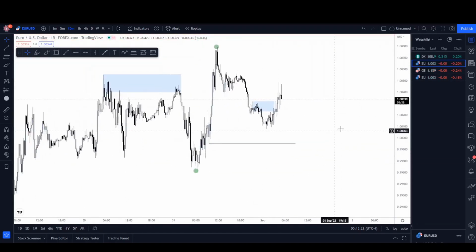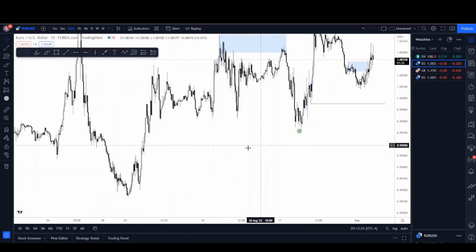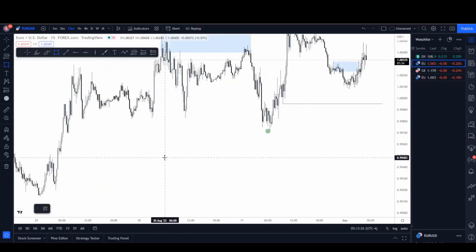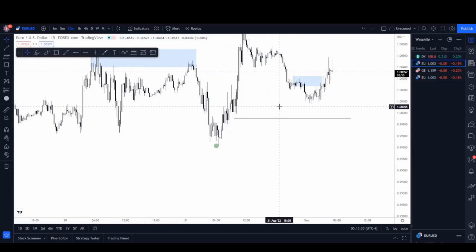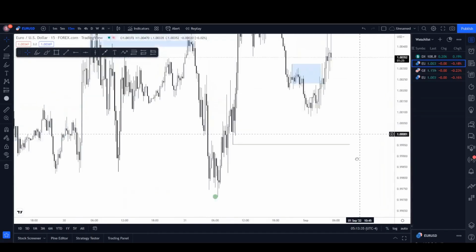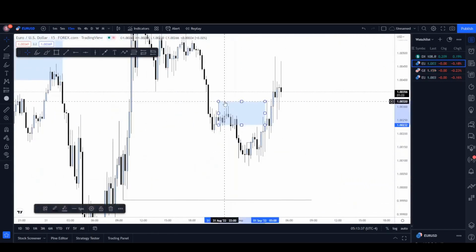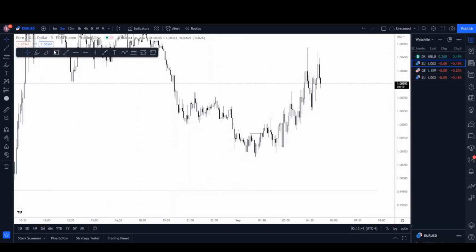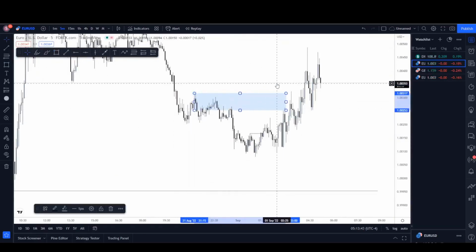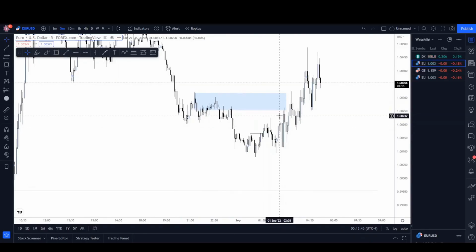So yeah, sometimes it's plainly obvious that it's an SMT divergence and you don't really have to observe the obstacle, but I think it's still worth observing that obstacle. Like this morning, for example, this was equal highs and Asia high and it was a big draw on liquidity, but I still observe this as an obstacle, and there were sells in here that could have played out.